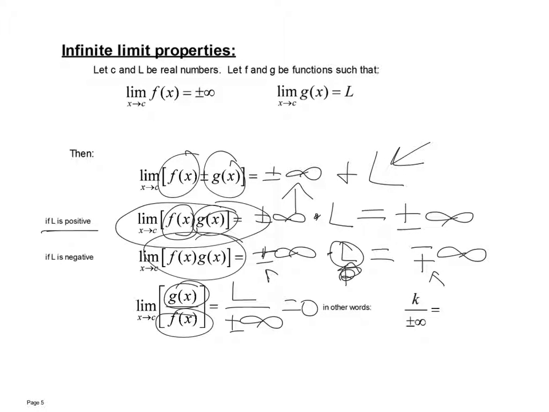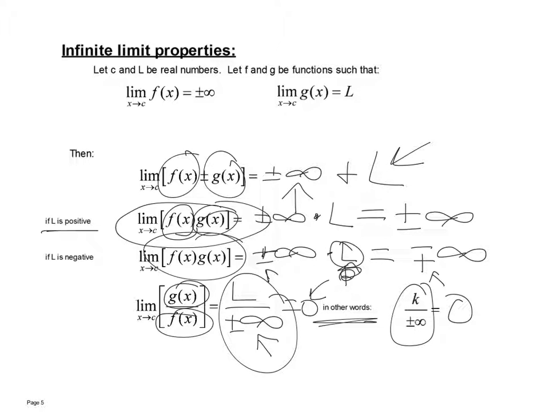Think about a fraction. 1 over something really huge is practically 0. So the limit I'm getting towards 0 as this is getting bigger and bigger and bigger. That's what infinity means. This whole thing is getting smaller and smaller, close to 0. So in other words, if I have any number over infinity, it's 0 if I'm talking about limits. All right.